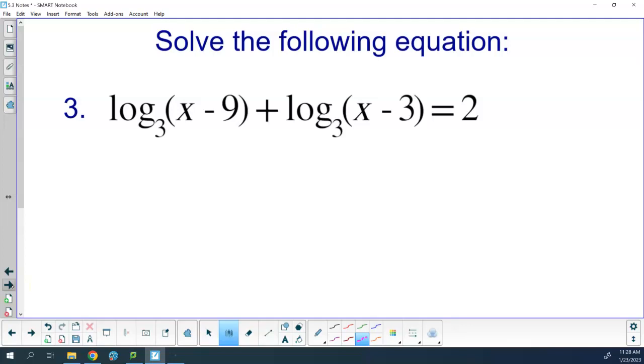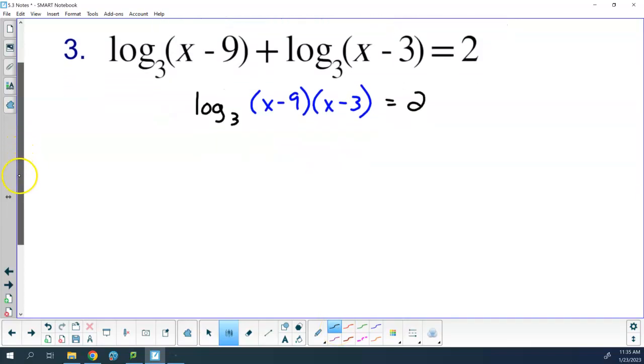You try that. So got to combine logs. Got to switch forms.